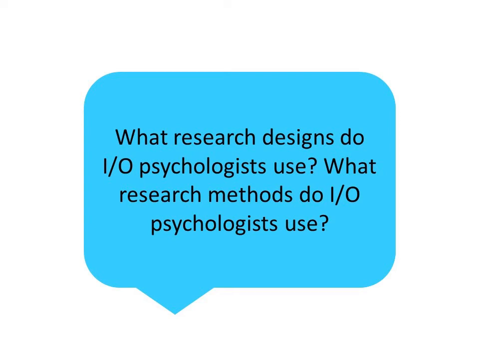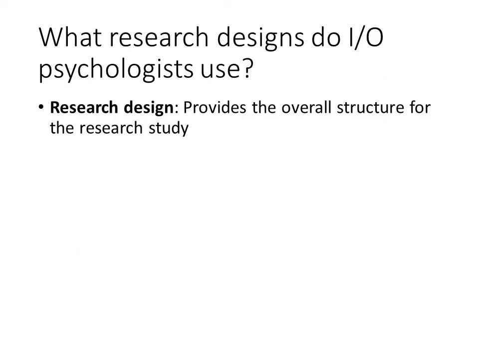In part 2 of this week's lecture, we're going to learn about the research designs and research methods that IO psychologists typically use. Let's begin with research designs. Different designs have different structures, and the design we choose depends on the goals of the research.